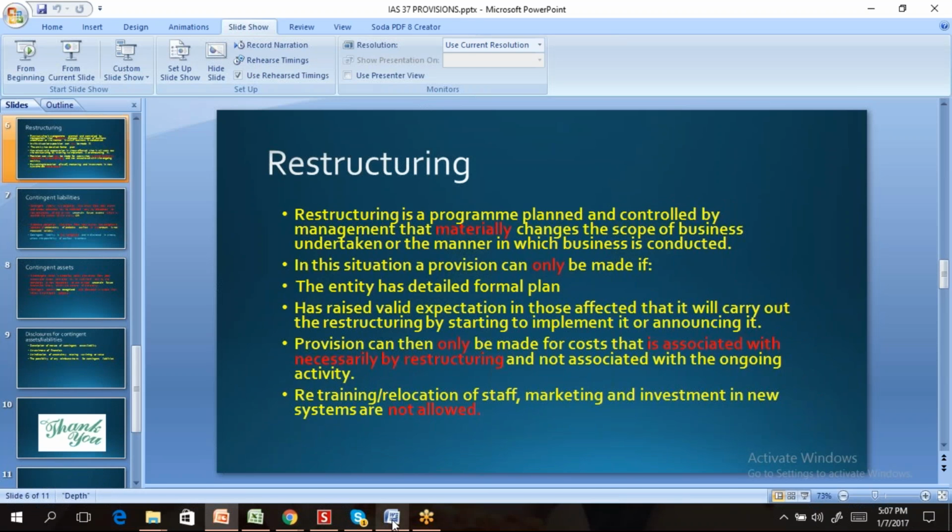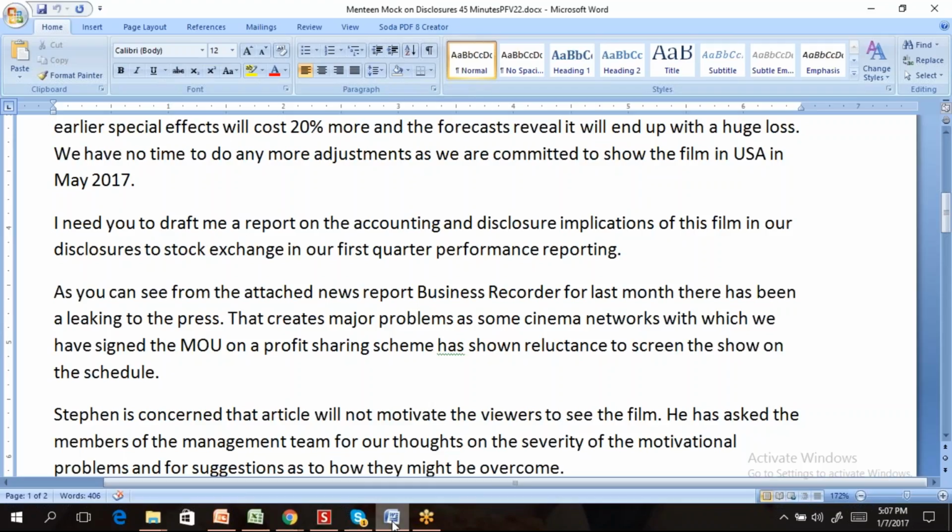Having said that, even as you rightly said, although there is no need for a provision, you need to disclose it by way of a note. The accounting standard does not permit you to make a provision because it's not a present obligation, and very specifically, IAS 37 says future operating losses should not be provided for.